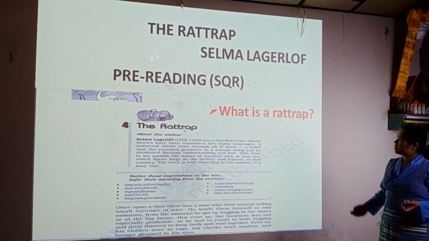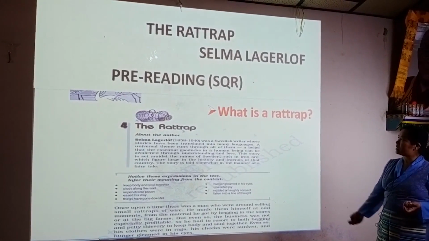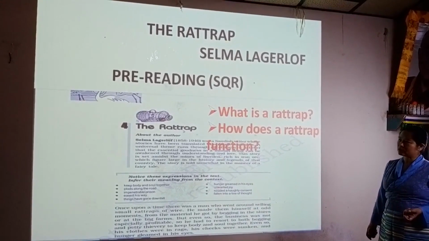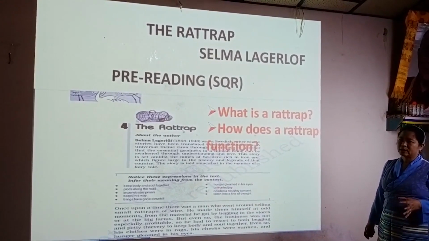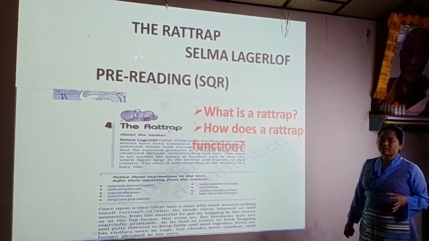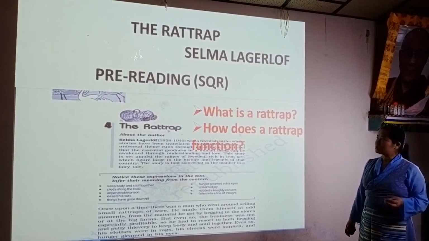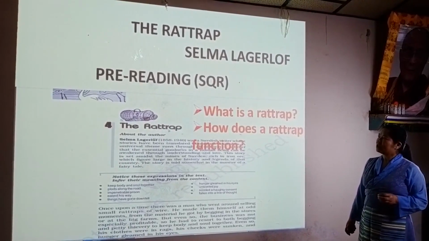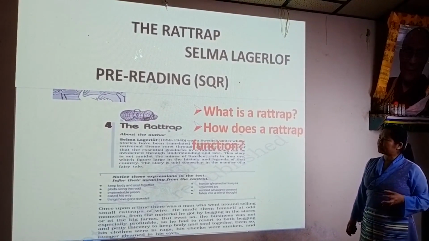The next question that you can ask is, how does a rat trap function? How does a rat trap work? The main thing we need to know is that a rat trap is a device used for catching rats. But how do we catch rats? We are all familiar with its mechanism.